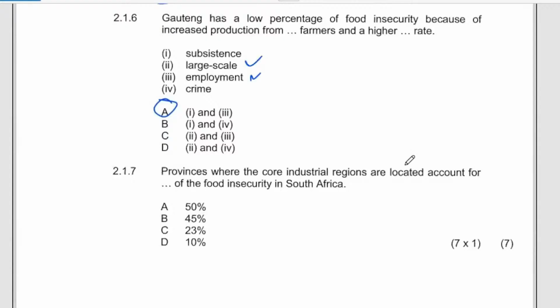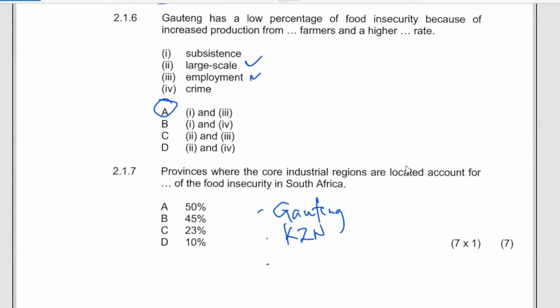Provinces where the core industrial regions are located account for what percentage of the food insecurity in South Africa? You need to apply the knowledge here of your areas with core industrial regions. We have 4 regions of interest. The first region is Gauteng with the PWV. Then we also have KZN, which is Durban-Pinetown.